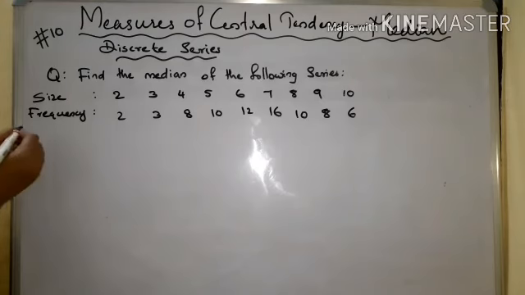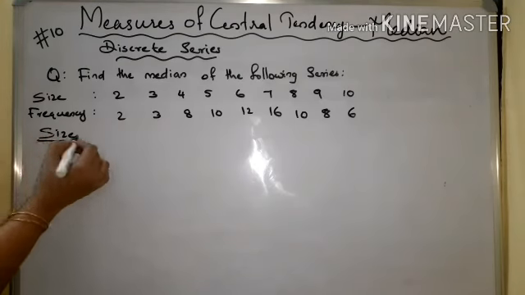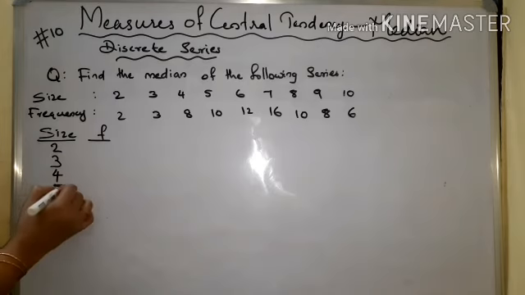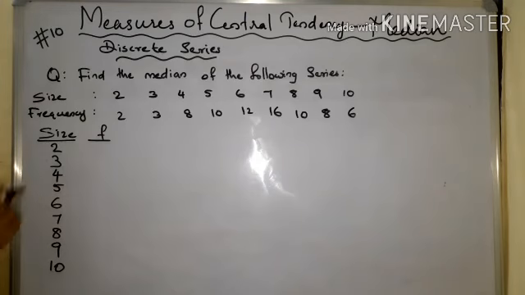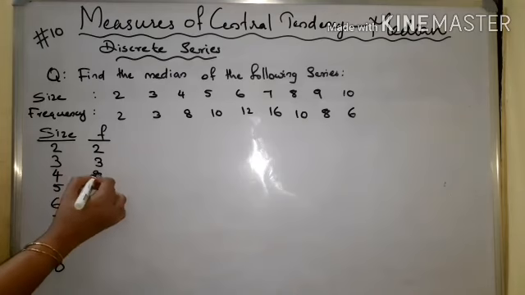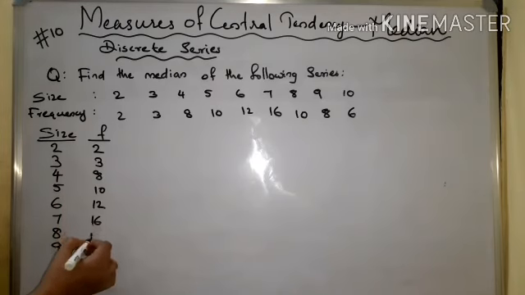So in the first column you write size, in the second column frequency. Size 2, 3, 4, 5, 6, 7, 8, 9, 10. Then frequencies: 2, 3, 8, 10, 12, 16, 10, 8 and 6.